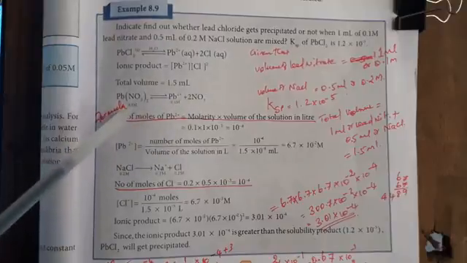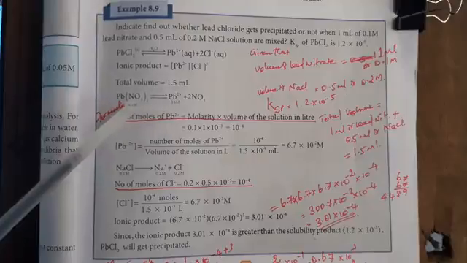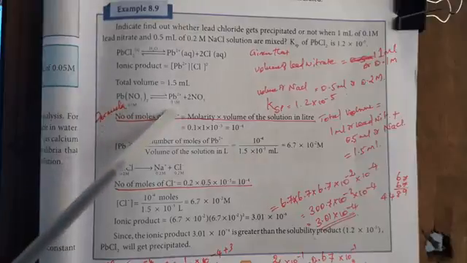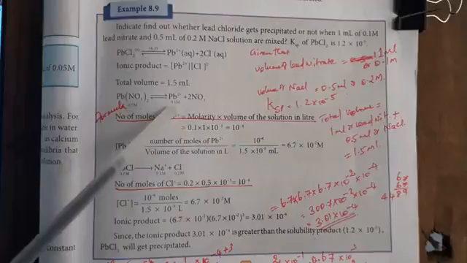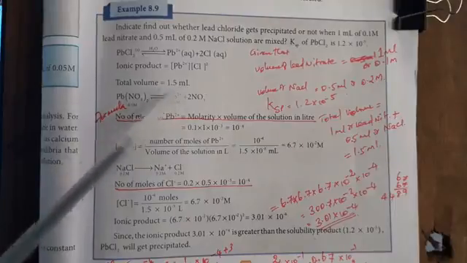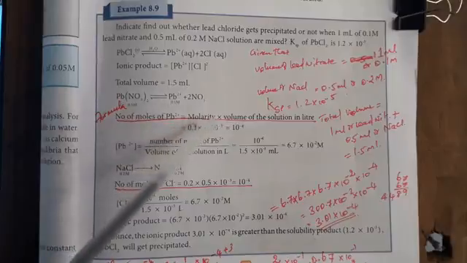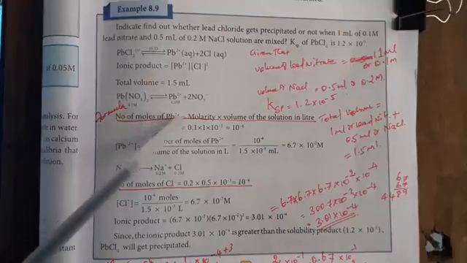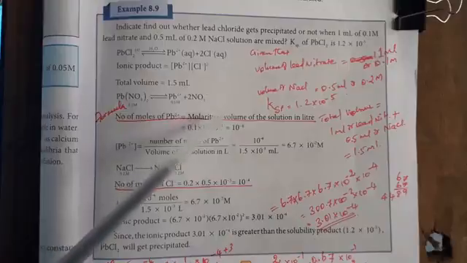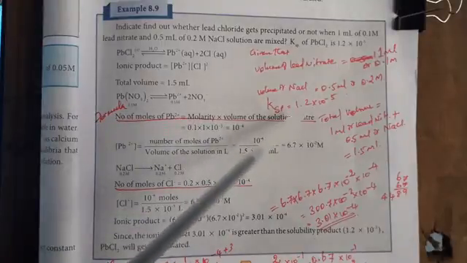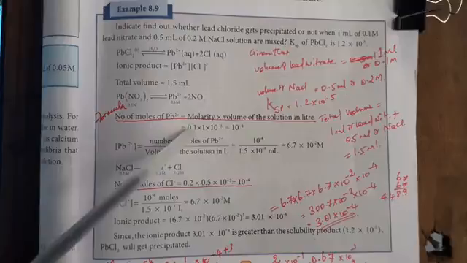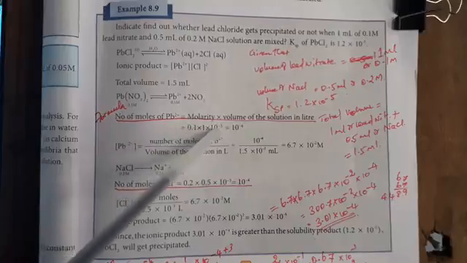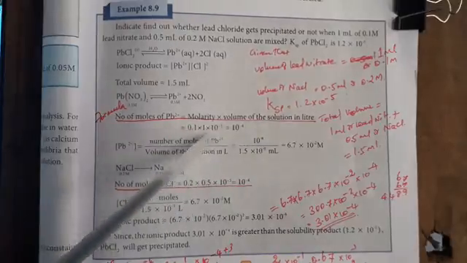The concentration is 0.1 mole taken, lead 2 plus 0.1 mole we get from the solution. So number of moles of lead 2 plus ion is molarity into volume of the solution in liter. So 0.1 into 1 into 10 to the power of minus 3, that is 1 liter.